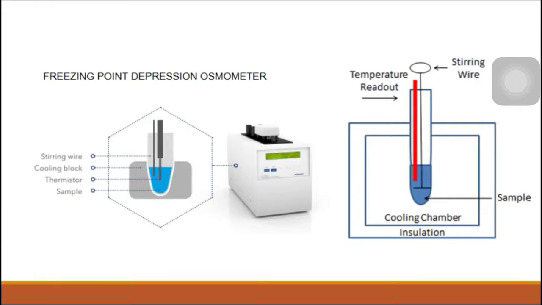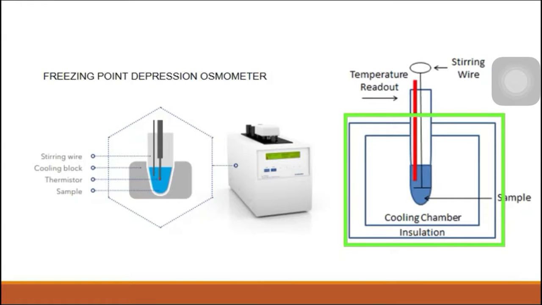So again, serum osmolality can be measured more accurately in a laboratory setting by using a device we know as a freezing point depression osmometer. In a freezing point depression osmometer, a sample of serum is introduced to a cooling chamber with a microprocessor-controlled element, where it is cooled to a temperature below its expected freezing point.